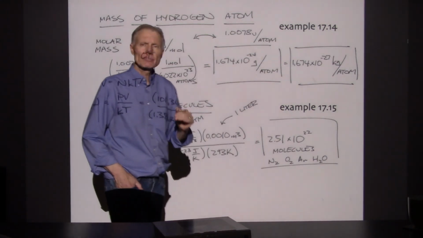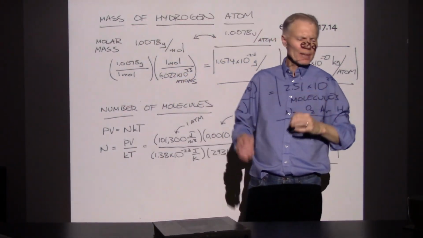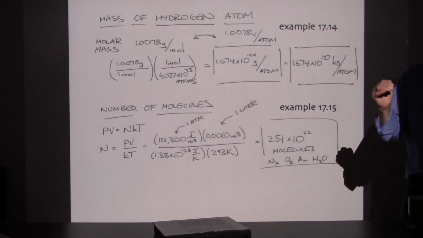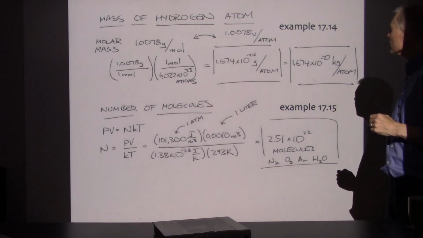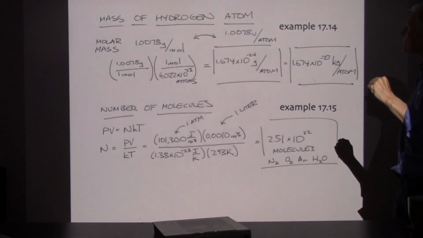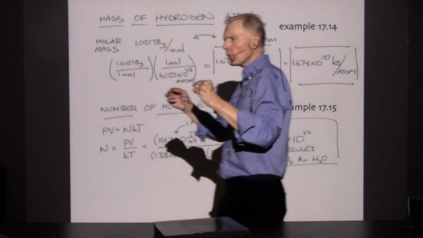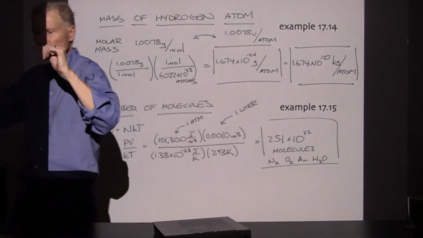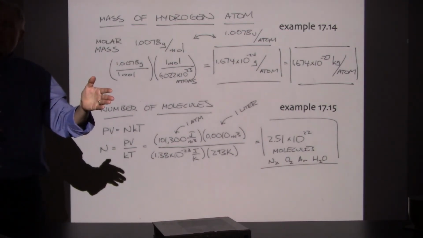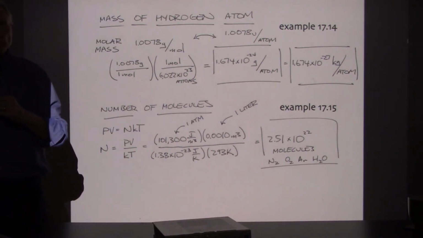Hydrogen consists of different isotopes. This isotope thing keeps getting left out. So I can't ask what's the mass of hydrogen. I have to ask what's the mass of a specific isotope. What's the mass of hydrogen 1, or what's the mass of hydrogen 2?